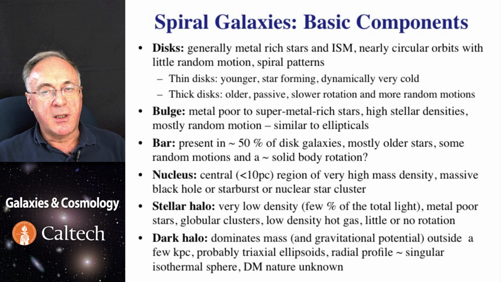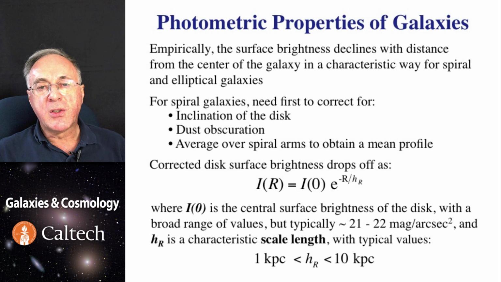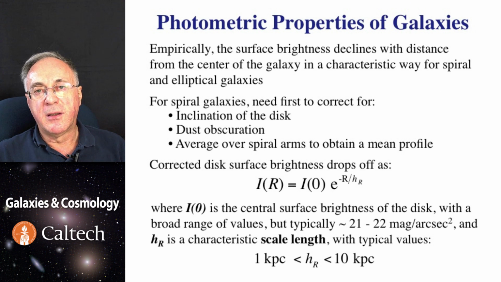And of course, there is the dark halo. Dark halos are more extended than the visible parts. There are some hints as to what their radial distribution could be, as well as their shape. They're probably triaxial ellipsoids.